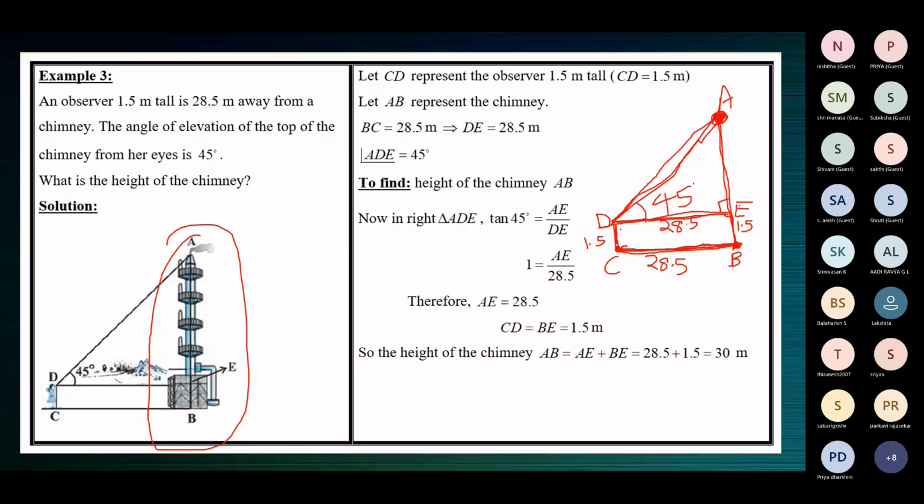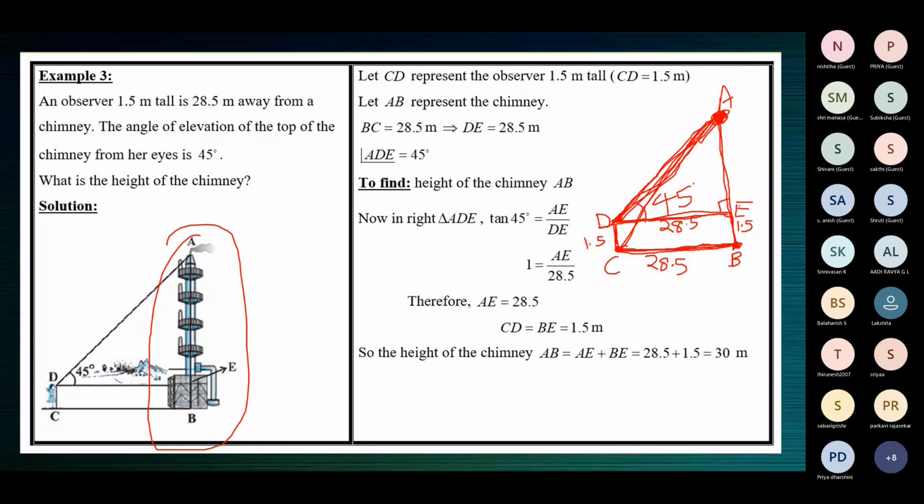Don't join the foot of the observer and the top of the building. Join the eye of the observer and the point observed. DA is the line of sight, not CA. So DA, eye of the observer and the point observed, is the line of sight.